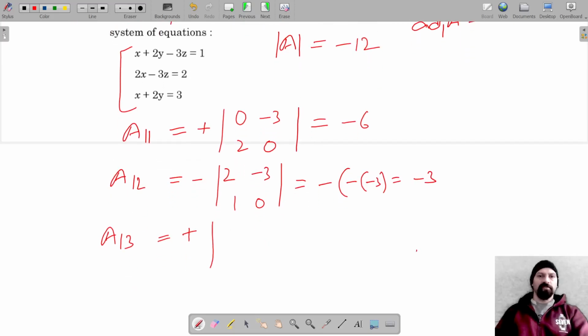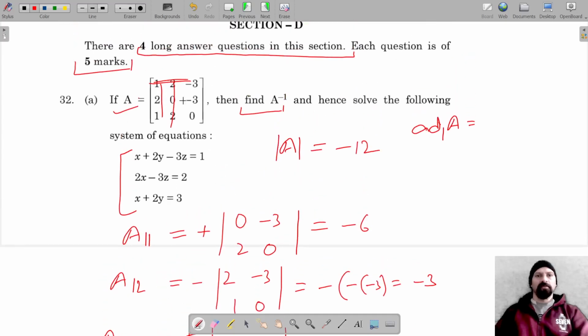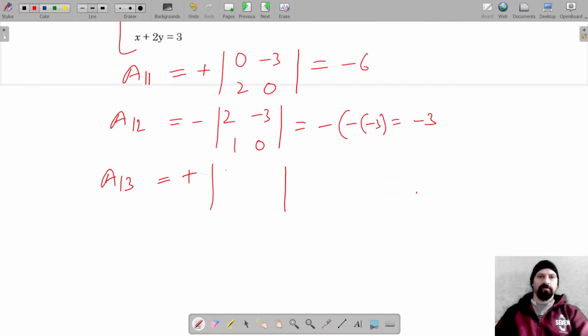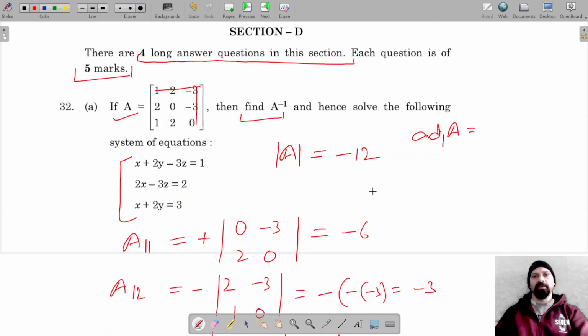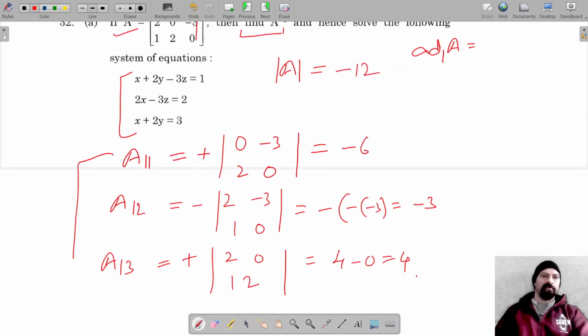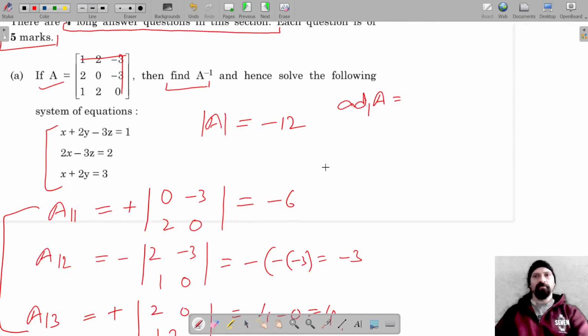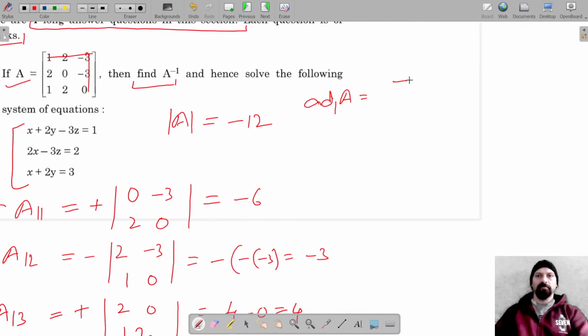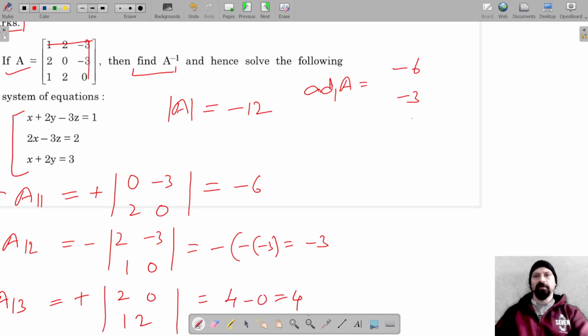For A13, removing the row and the column for this one, we get 2, 0, 1, 2, which gives 4 minus 0, which is equal to 4. So we have the cofactors for the first row, and we write them in a column here, because adjoint is the transpose of the cofactor matrix.